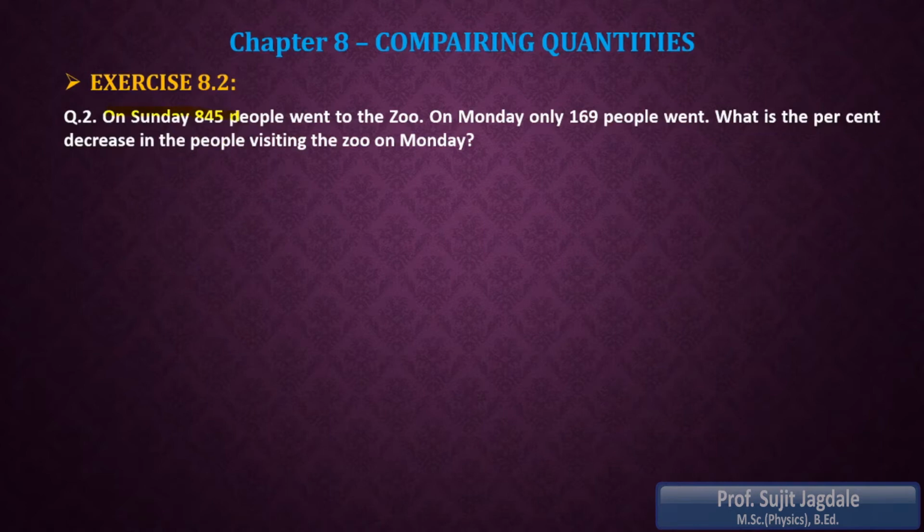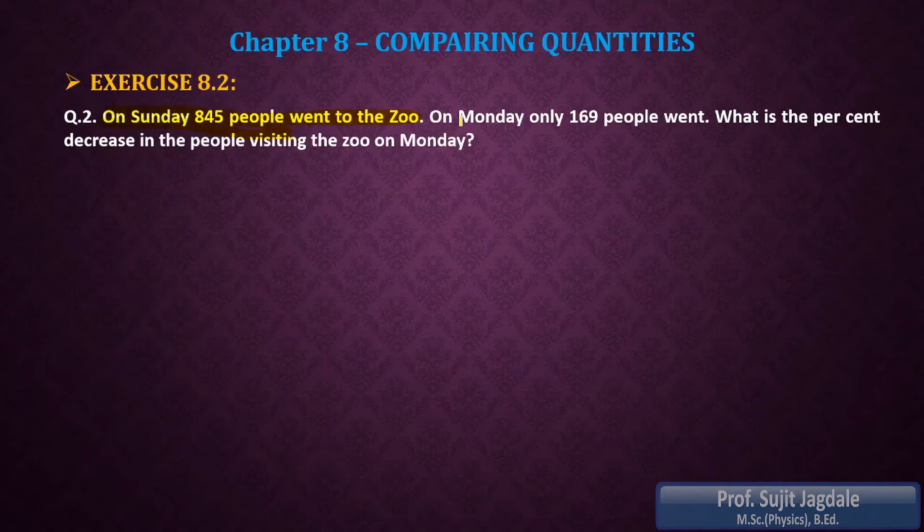Now on Sunday 845 people went to the zoo. So in a particular city there is one zoo where 845 people went on Sunday, because Sunday is a holiday, so most of the people went to that zoo. How many people went to that zoo? 845 people.